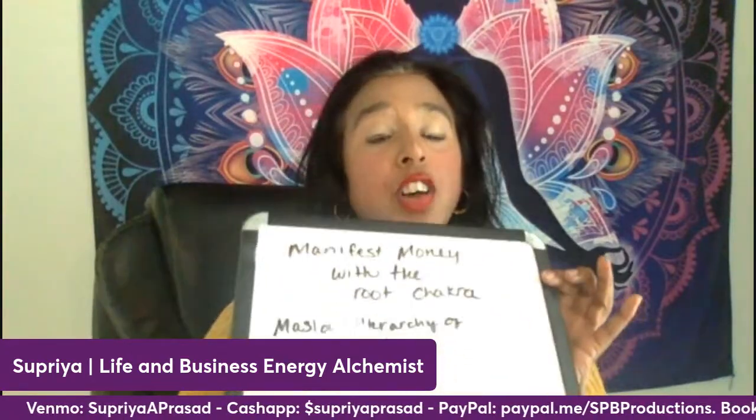All right. This was actually one of the first things I ever learned when I was going to school for psychology. I learned about the Maslow's hierarchy of needs, and this is really what they talk about.